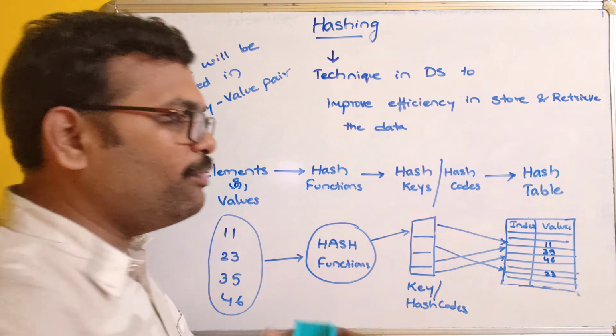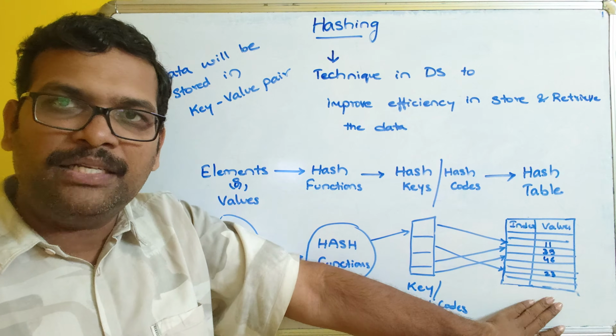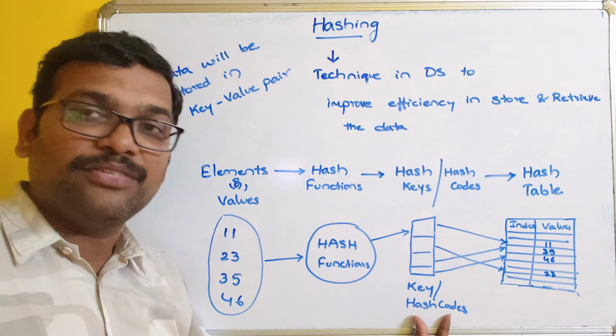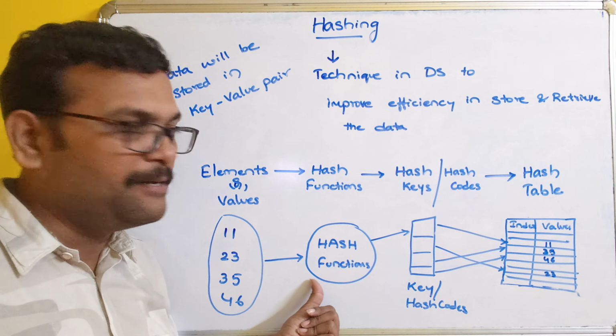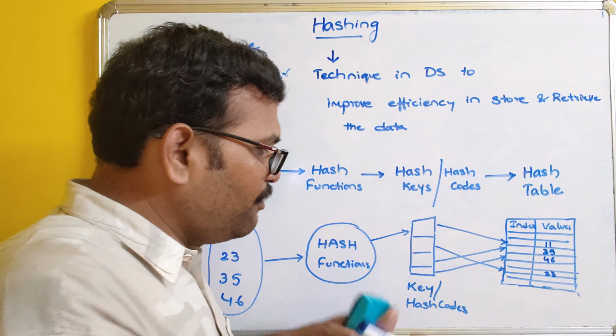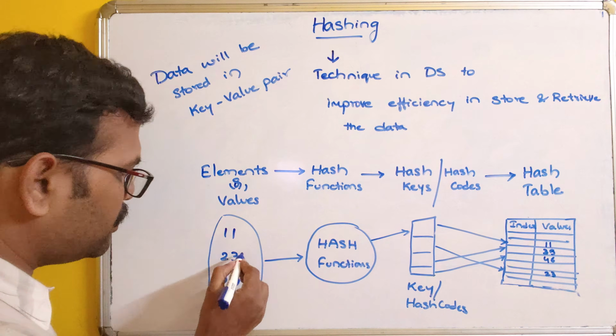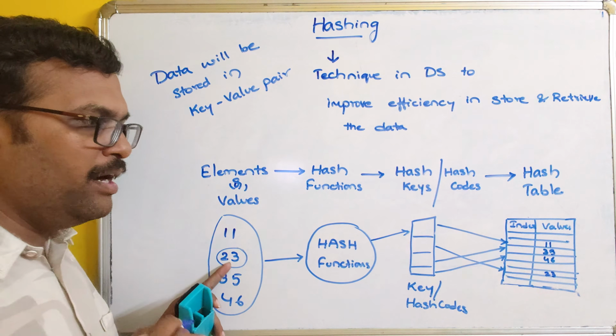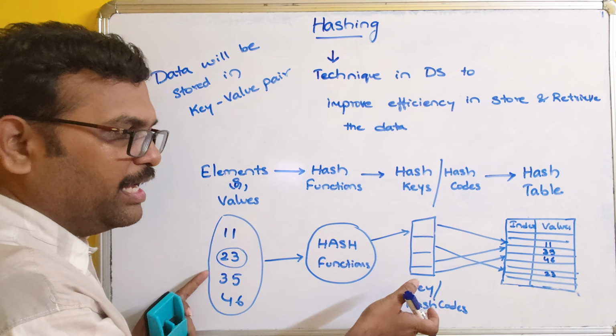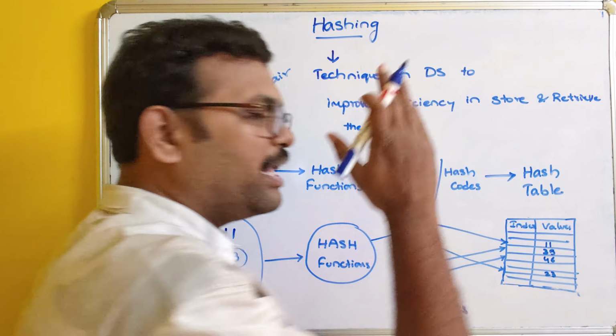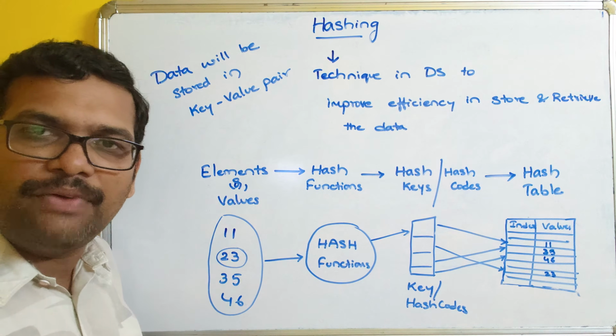In this way we store the elements based upon the hash keys generated from hash functions. Whenever we apply the same hash function on a particular element, we will definitely get the key, and with respect to the key, we can retrieve the value easily.